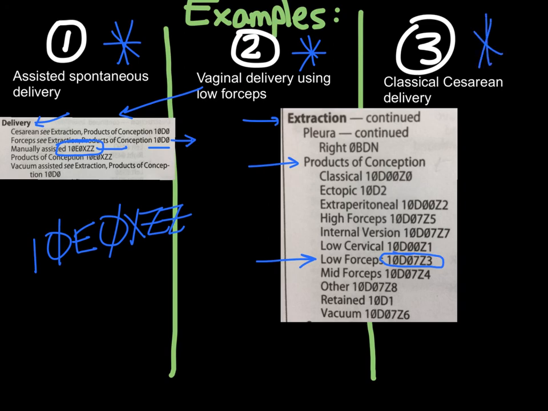And our third example, classical cesarean delivery. We'll start over here with our delivery, cesarean, see extraction, extraction, products of conception, and here is our code for a classical C-section, 10D00Z0.